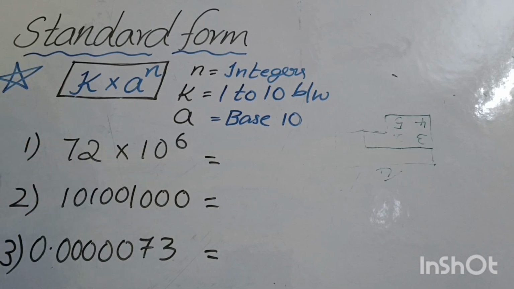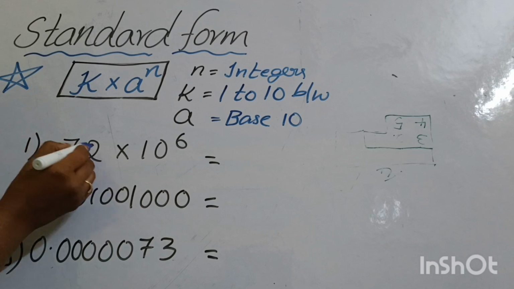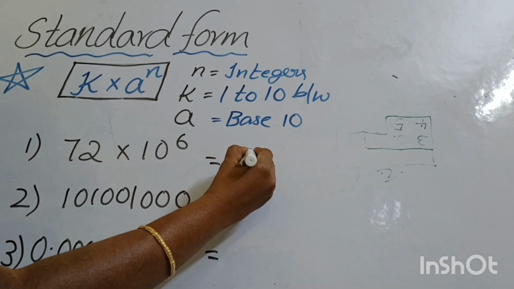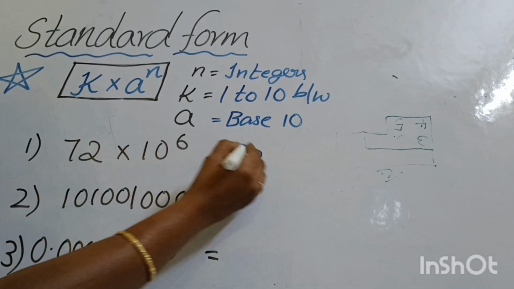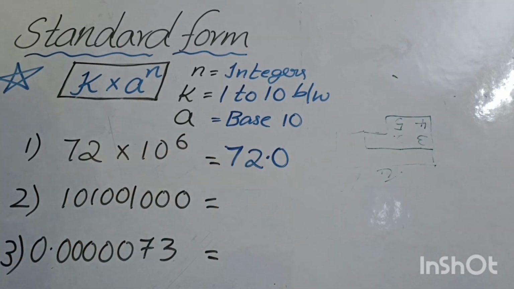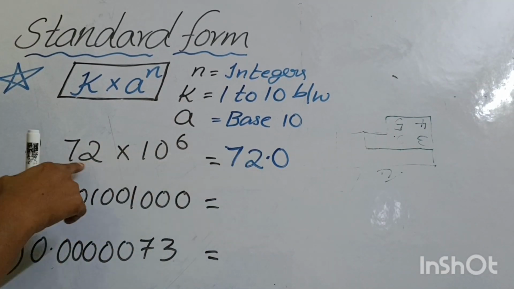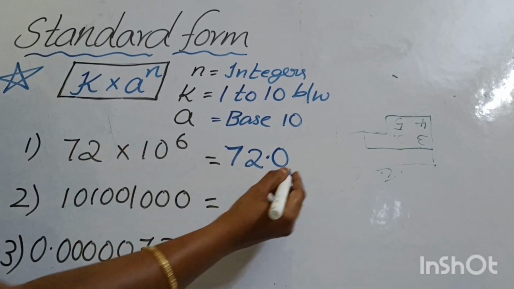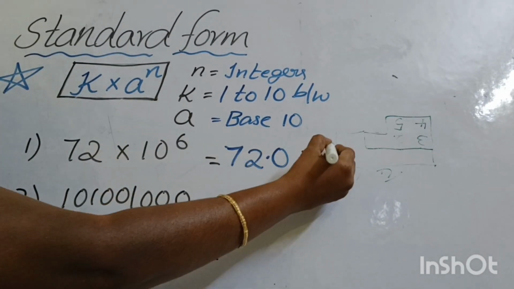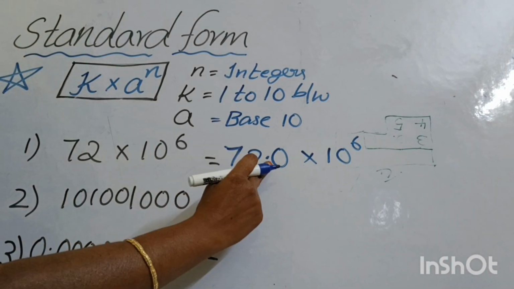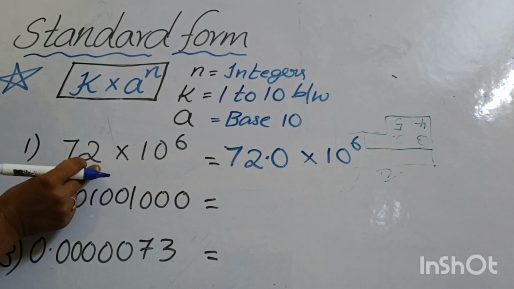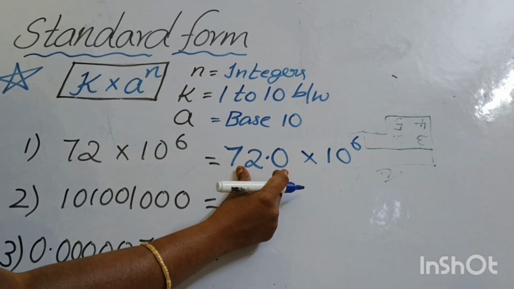So how to make it less than 10, children? If I keep a point here, see that 72, first we should write it as a decimal. Okay, if I write it as a decimal number, and write this 10 power 6 also as it is. Now see what I told you: a normal whole number is there and you first write it as a decimal.